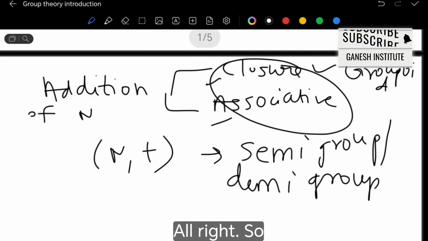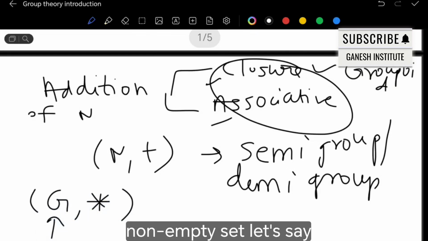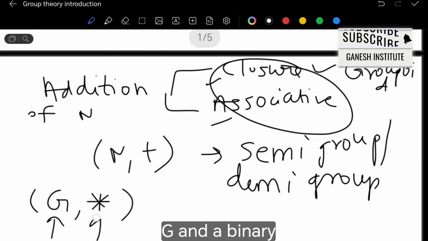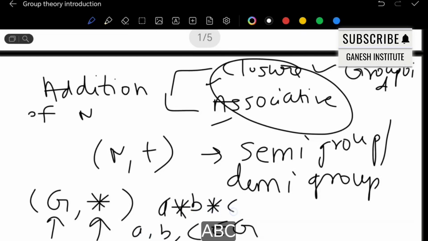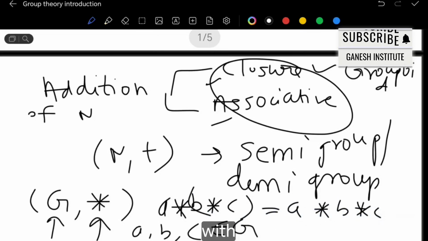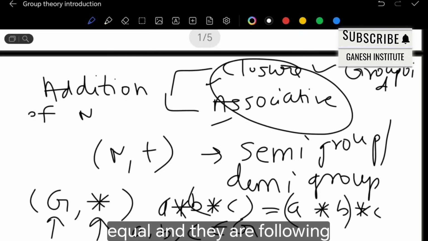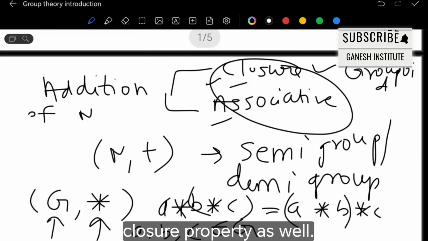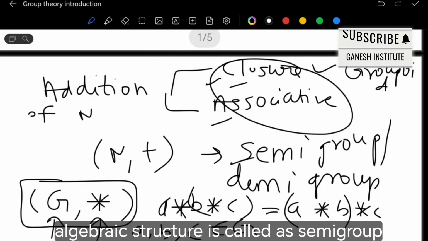All right. So whenever we have a non-empty set, let's say G, and a binary operator star, such that we have elements A, B, C from the set, and the result of A, B, C operating under the binary operator star, and they are equal, and they are following closure property as well, then the G star, this algebraic structure, is called a semigroup or demigroup.